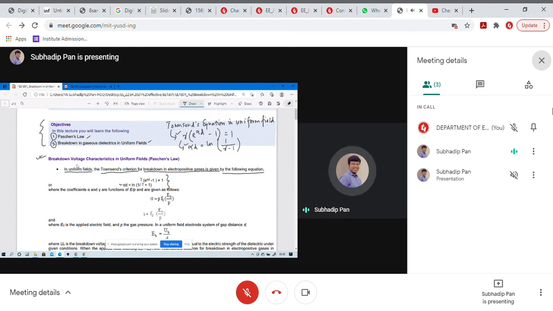Here alpha is the primary coefficient, and lambda is the secondary coefficient, right?